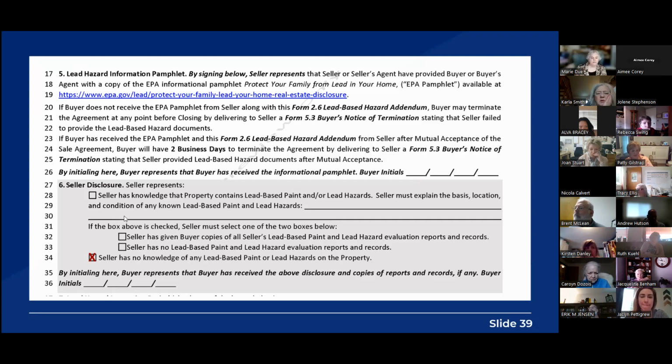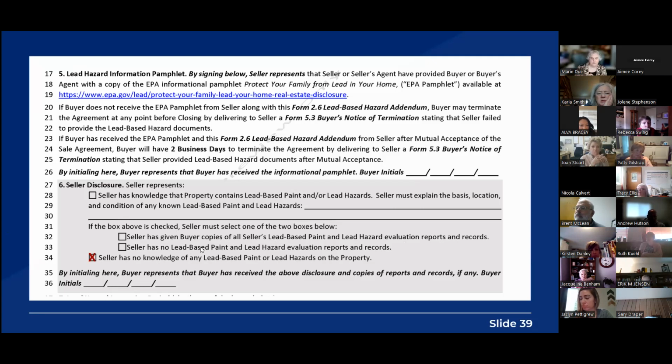Then it says seller has given buyers copy of all seller's lead-based paint and lead hazard evaluation reports, and seller has no lead-based. So you have one or two, and then the no reports, but they believe that they could have it. And then the seller has no knowledge of any lead-based paint or lead hazards on the property. Again, the buyer has gotten all the information and they have agreed to it. So there's two places on here where the buyer initials. And we're going to be looking for those.